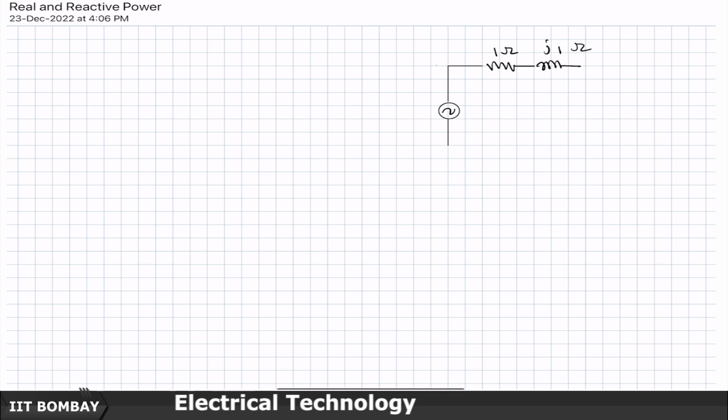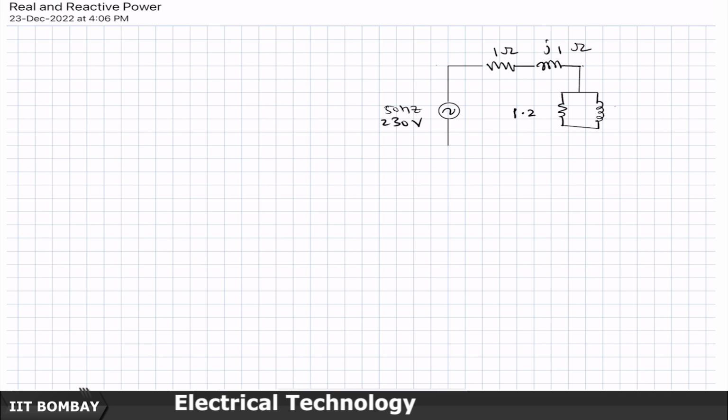So, which means that this is a 50 hertz supply, let us say 230 volts, and in series with this is a series parallel combination of another R and L, which is of, let us say 0.8 and, or let me take it as 1 by 0.8.